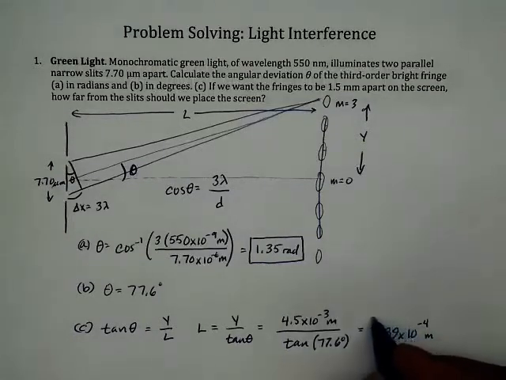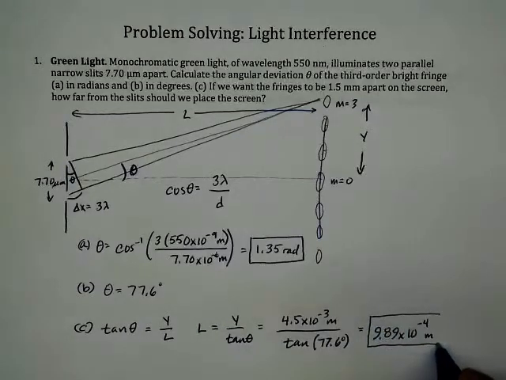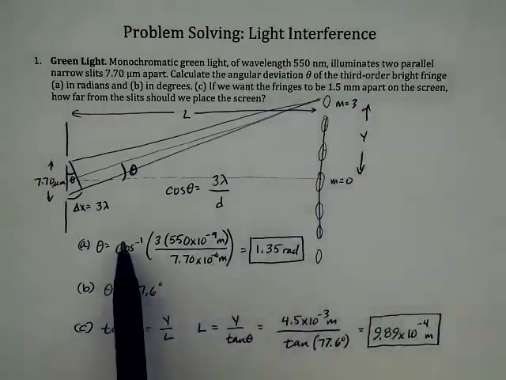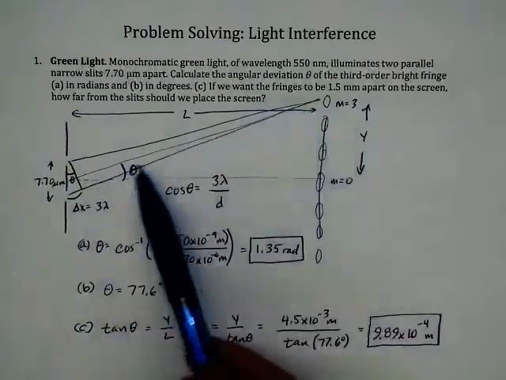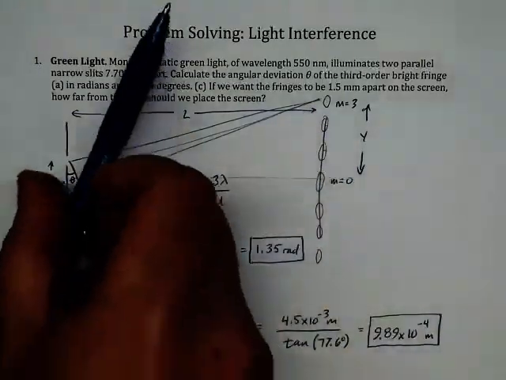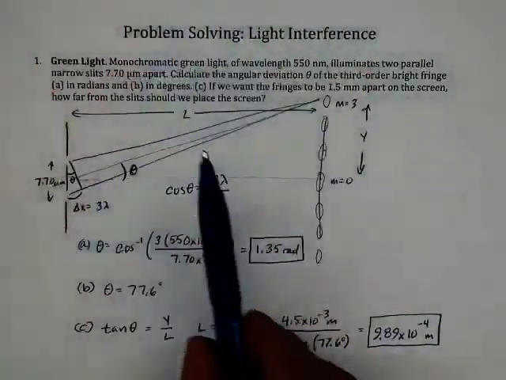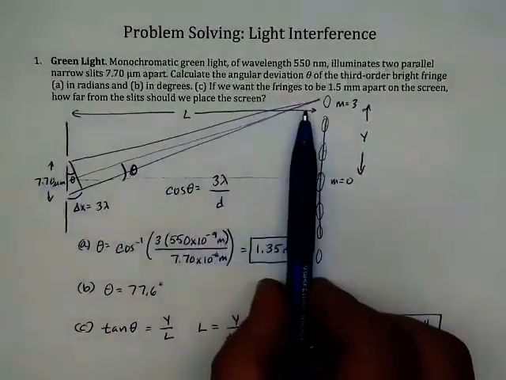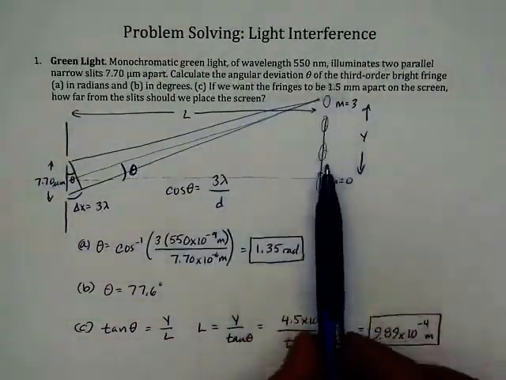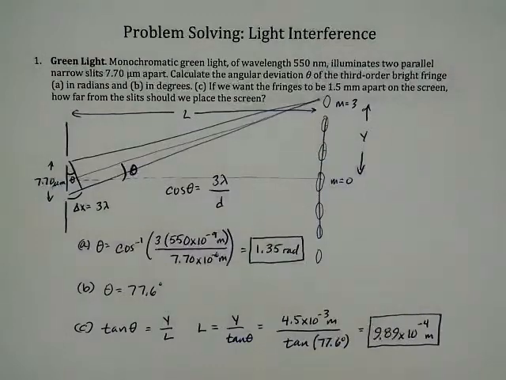So that is, on the scale of things, very close to the screen. But again, with this big angular deflection, my picture is not to scale. 77 degrees would be heading up at a pretty dramatic angle, so this would need to come in really close in order to get this spacing to be down to 1.5 millimeters apart on the screen.